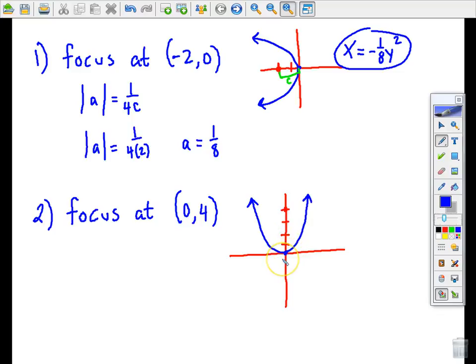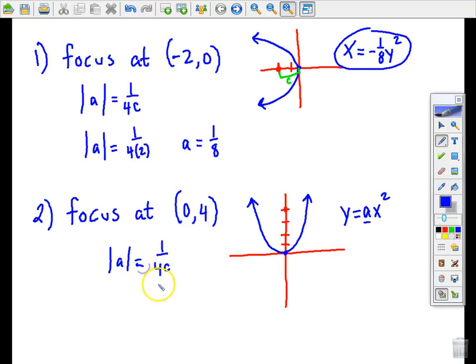So I go the next step, and I pick out the equation for the parabola that opens upward. And it's this one. Solve for y, because it opens up, and a is positive, opens up. Okay? Once again, we have the same job. We've got to find out what this number a is and plug it in. So I'm going to use that same formula. Let's show it one more time.